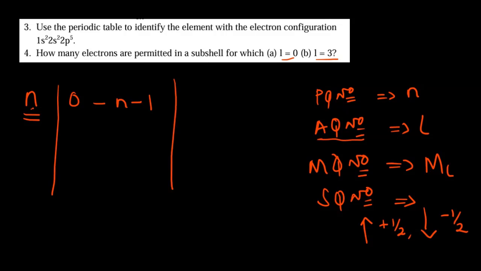The magnetic quantum number is from negative L all the way up to positive L, including 0 somewhere in between. The spin quantum number depends on the direction of the electron, so it can be plus half or minus half. For example, if my principal quantum number here is 1, then my angular momentum quantum number will be 0 or what?